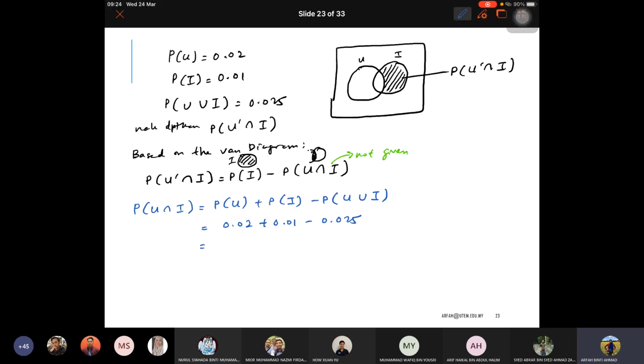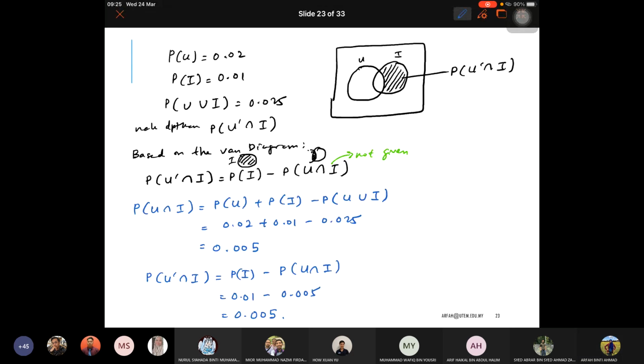So you get this one equal to 0.005. So kebarangkalian bagi U prime and I akan sama dengan probability of improper package weight tolak probability of unreadable label intersect improper package weight, U and I. That means 0.01 minus 0.005. So you will get 0.005 jawapan dia. So dapat?